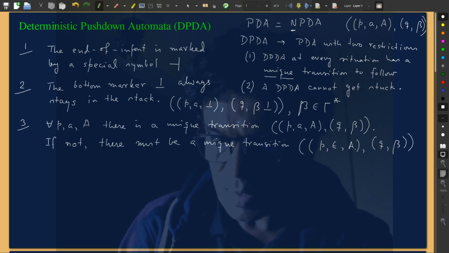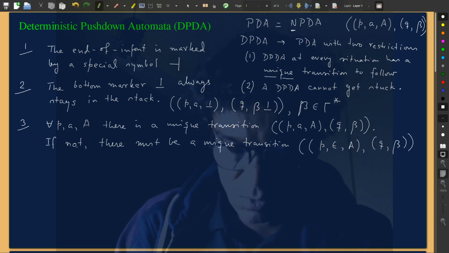And if the first kind is there, then this one, even if present, does not apply. So the machine first consults whether there is a unique transition of this form. If so, it will do it. If not, there must be a transition that the machine can take without consuming the input a. So that's the modification.